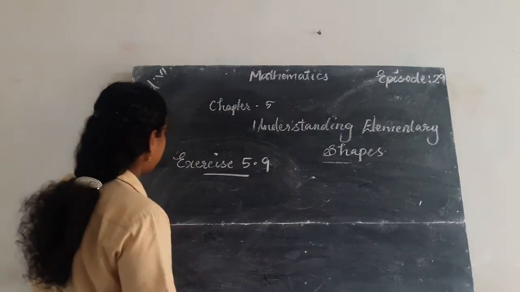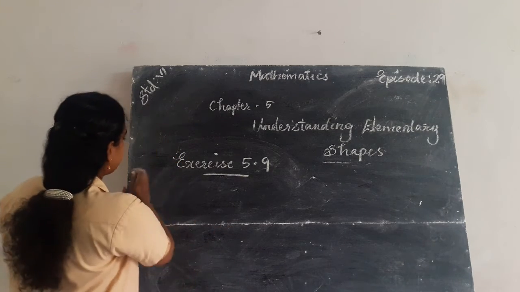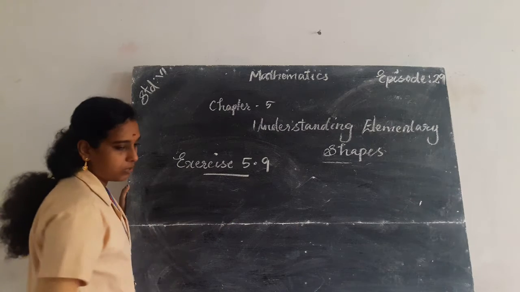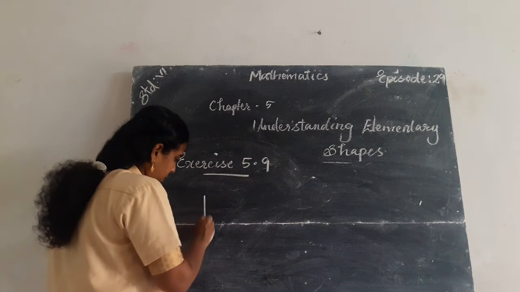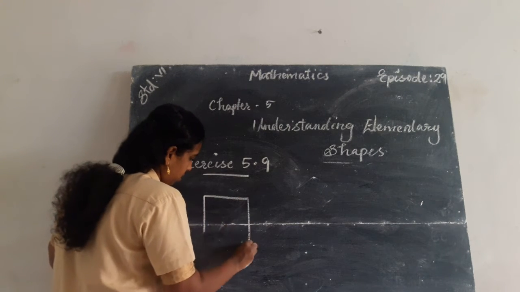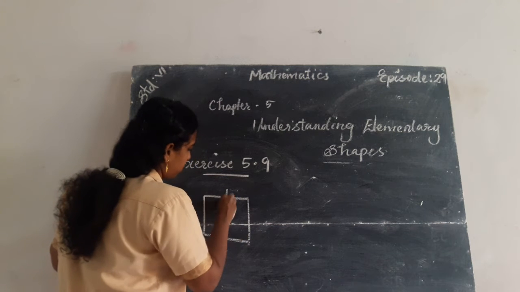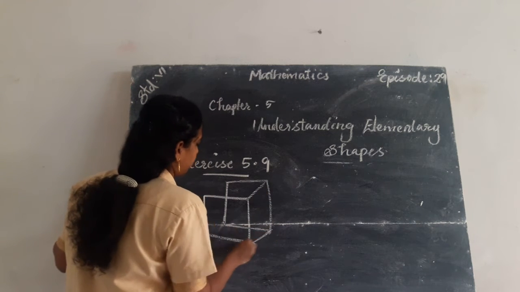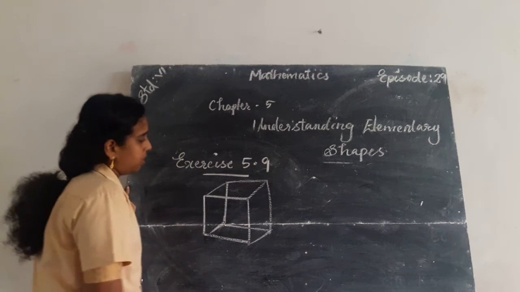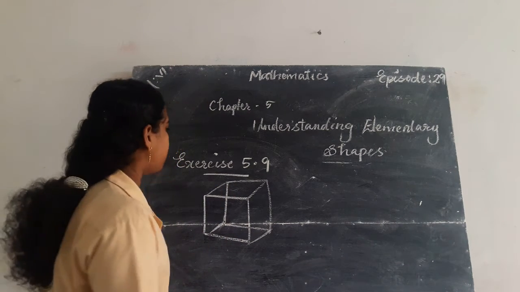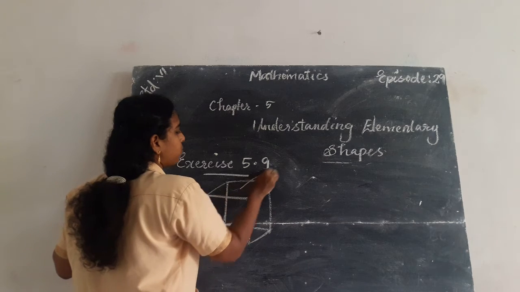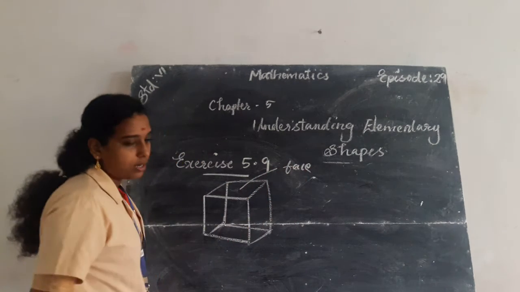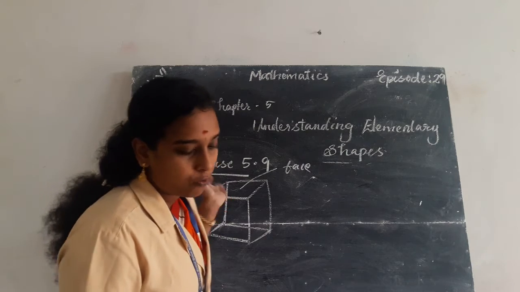Like this, when we look at the exercise, look at the faces and the edges of the cube. When we draw a sketch of a cube, the flat surface of the cube is called its face.